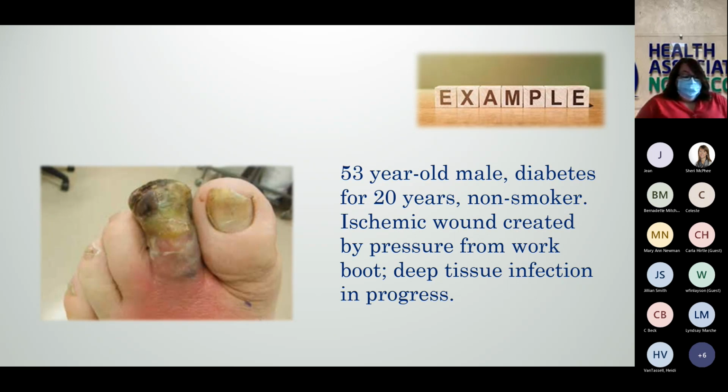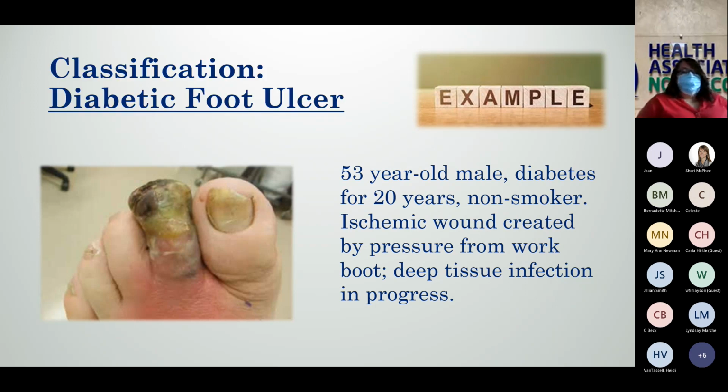Because of this, pressure over the bony prominences on the lower extremities places them at risk for trauma from external forces. If perfusion was adequate and if neuropathy was not a factor, this would not have likely happened to someone because they wore their everyday work boots. For that reason, this is classified as a diabetic foot ulcer.